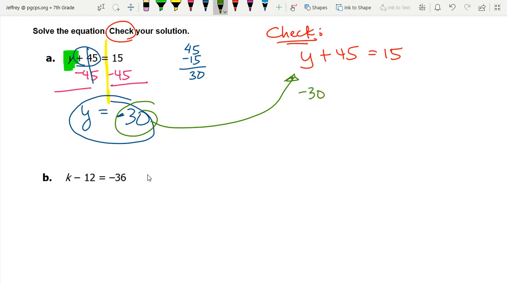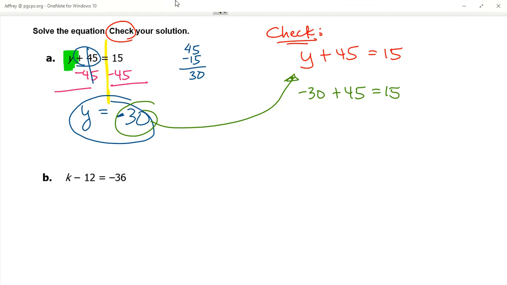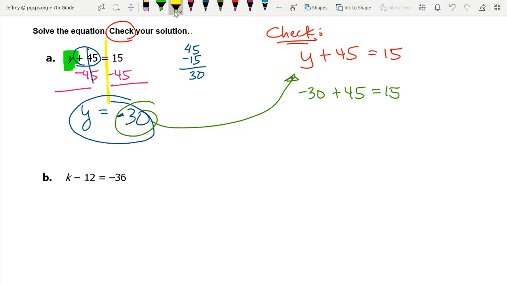So that is negative 30 plus 45 is equal to 15. Now, if you simplify negative 30 plus 45, the signs are different, so you subtract. So 15 is equal to 15, and our solution is correct.